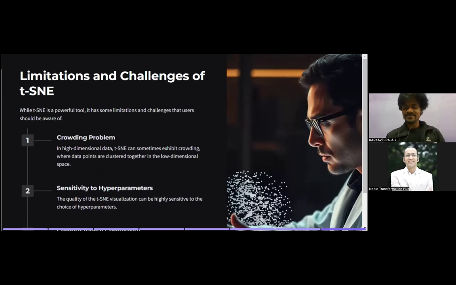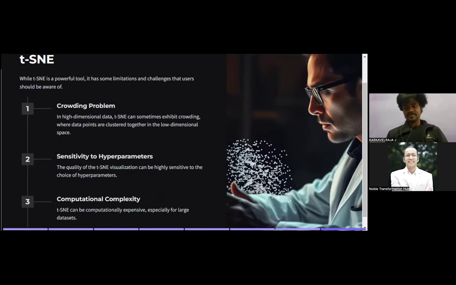So limitations and challenges of t-SNE, guys. While it's a powerful tool, it has some limitations and challenges everybody should be aware of. First is the crowding problem: with high dimensional data, t-SNE can sometimes exhibit crowding, where data points cluster together in low dimensional space.